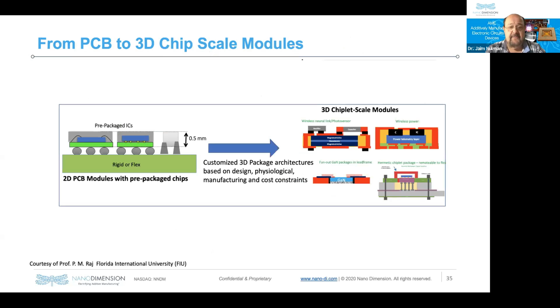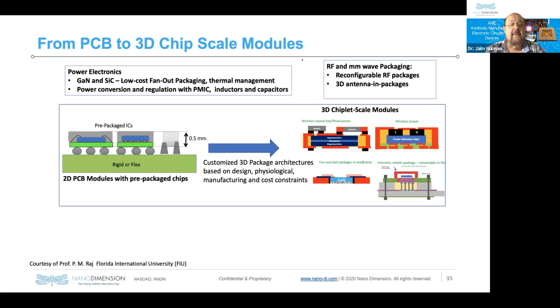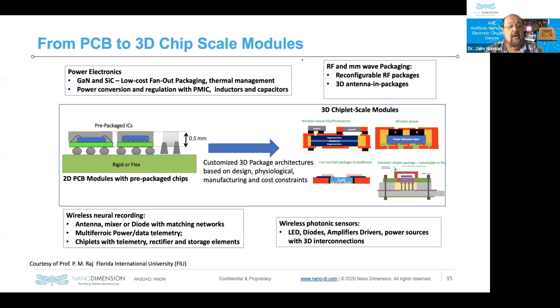So examples of this can be done on the formation of chiplets scale modules, where basically it could be for power electronics, like gallium arsenide and silicon carbide, or the RF and millimeter wave packaging, as in some of the cellular phone systems for system in package of the entire core electronics, or wireless neural recording, or wireless photonic sensors. All those are requiring the integration of these components to reduce the size, improve the reliability, and be more effective altogether on the packaging and performance of these devices.